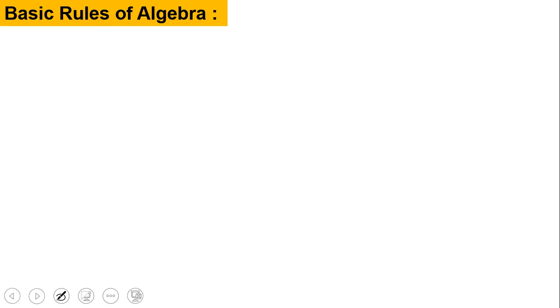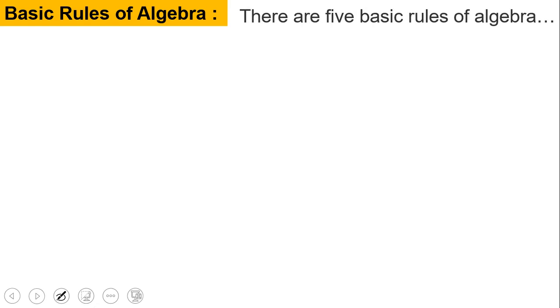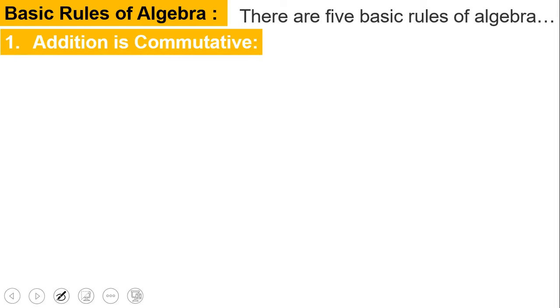Then let us discuss some basic rules of algebra. There are 5 basic rules of algebra. First is addition is commutative. So the addition of two numbers is the same if you add them in any order. Means addition order does not matter.